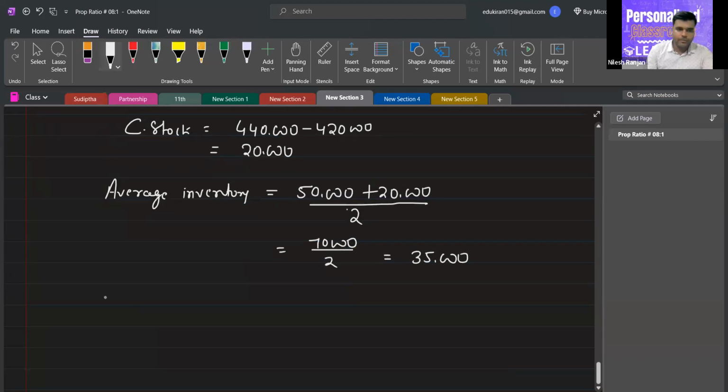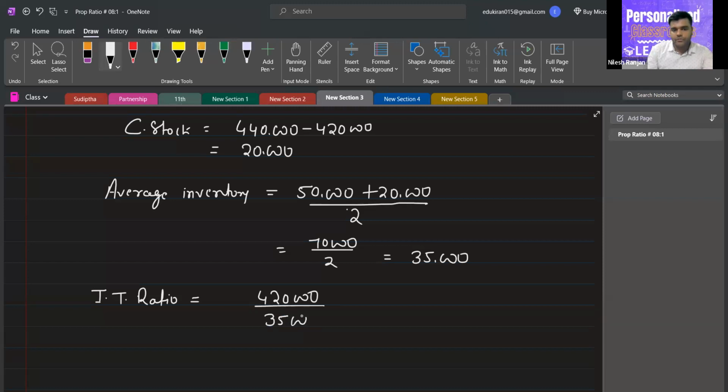And now inventory turnover ratio. It will be total cost of goods sold, 4,20,000, and our average inventory is 35,000. So 12 times. Is this clear?